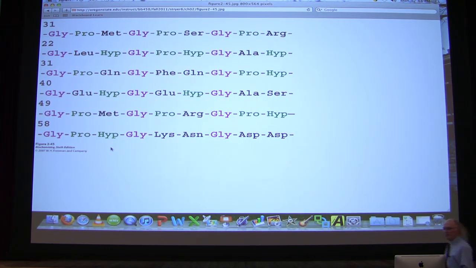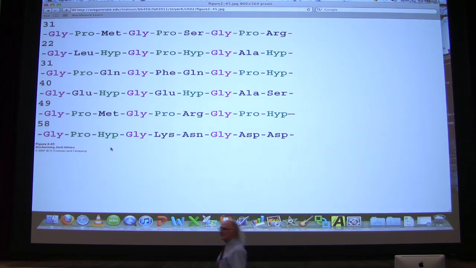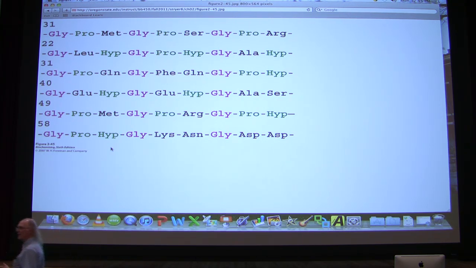Hydroxyproline is a modified form of proline. When I told you about the 20 amino acids, I said there were amino acids that got modified after they were made in a protein. And hydroxyproline is an example of one of those amino acids. It's put into the protein as proline, but then it gets modified chemically. That chemical modification involves putting a hydroxyl group on it.